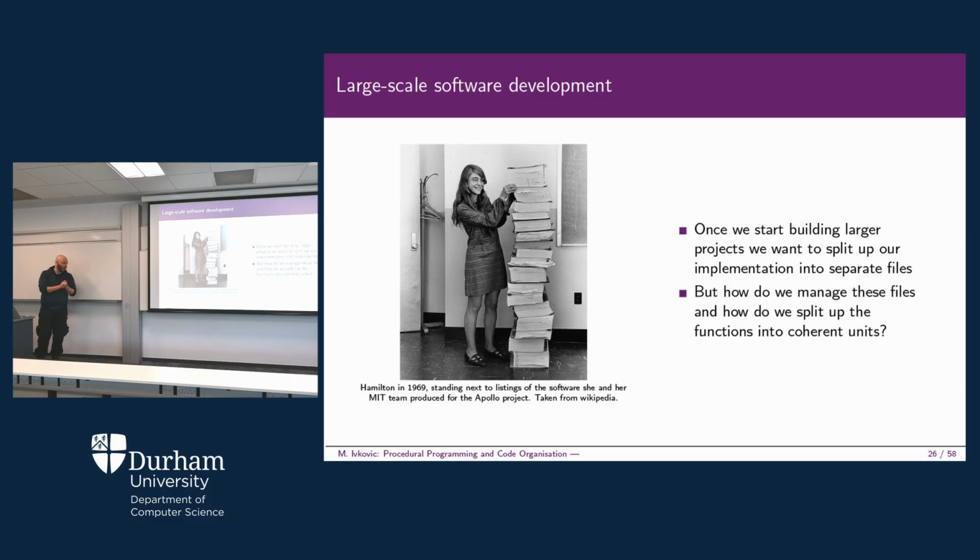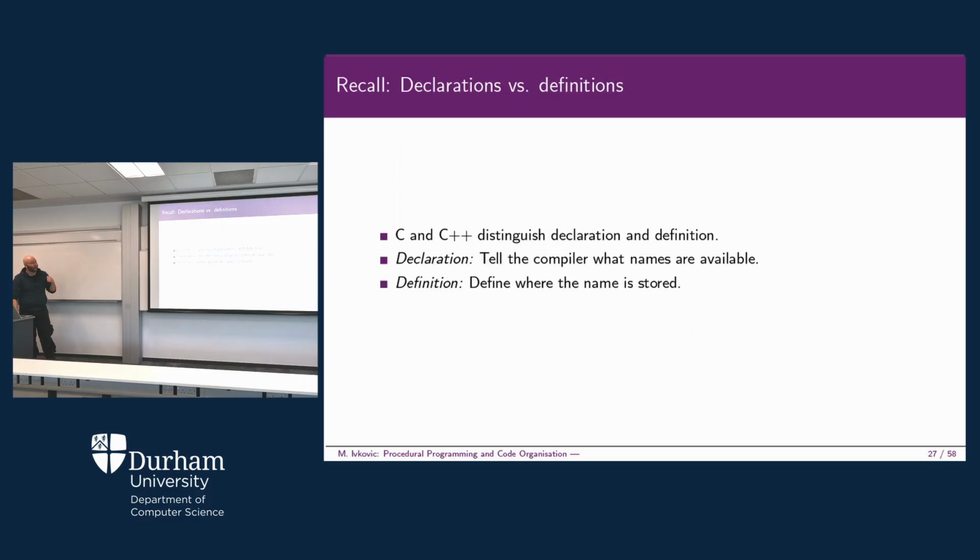But as long as you follow some sort of rules that you basically self-impose, some sort of standard that makes sense to you, you will do all right. But in this session, we're going to look more into how it is actually done. So how can I actually split my code into several files? How does that work?